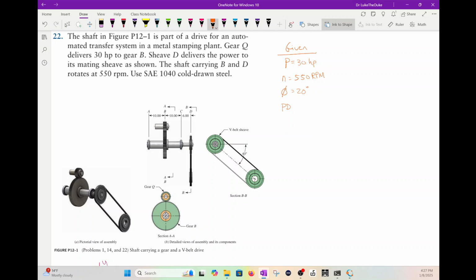The pitch diameter of gear B is 16 inches. The diameter of the V-belt sheave at D is 10 inches. We get theta at 40 degrees for the belt there. We're going to use a design factor of 3.